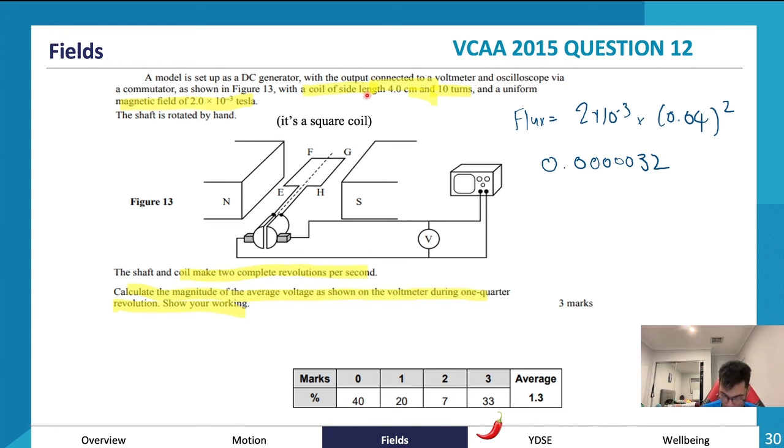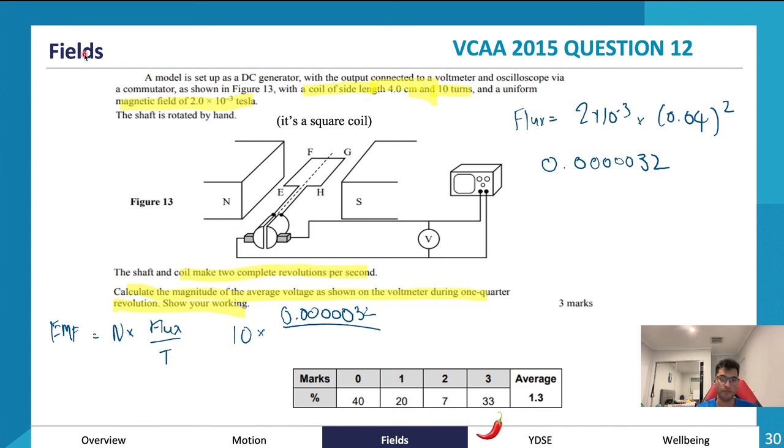Next, we want to calculate the EMF. So EMF is equal to N times the change in flux divided by time. We know N, the number of turns, is equal to 10. We know the flux is 0.0000032, if I did that correctly. And we know the change in time. This is where a lot of the students made the mistake.